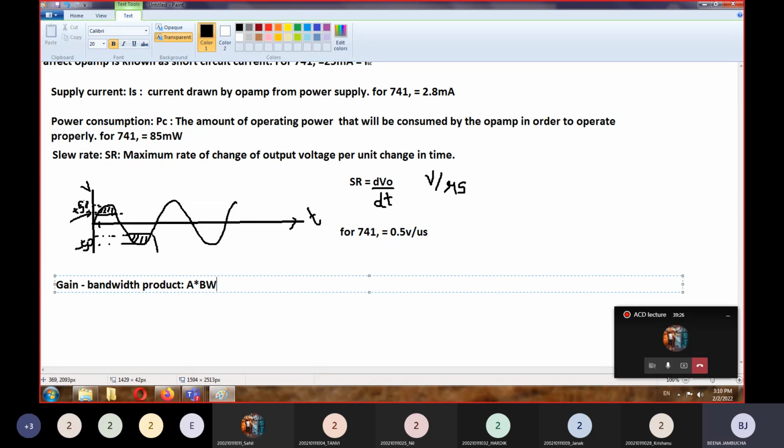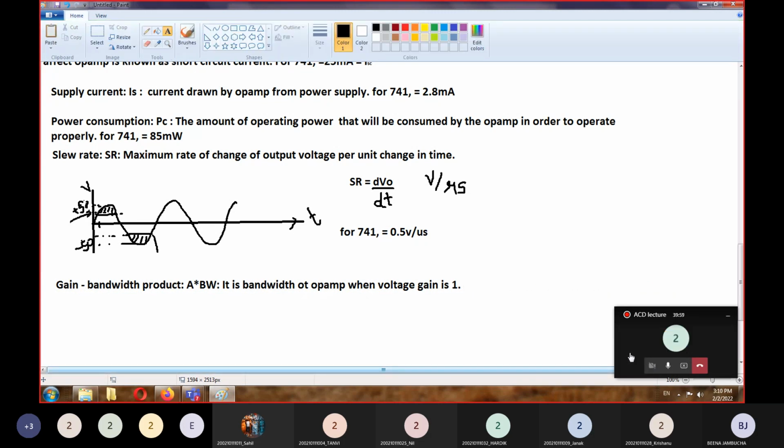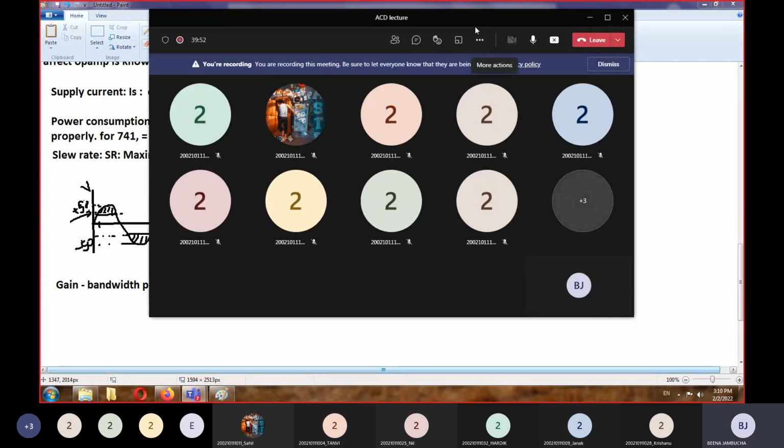It is the bandwidth of the op amp when voltage gain is 1. So I think all these parameters are clear in your mind now. Yes or no?